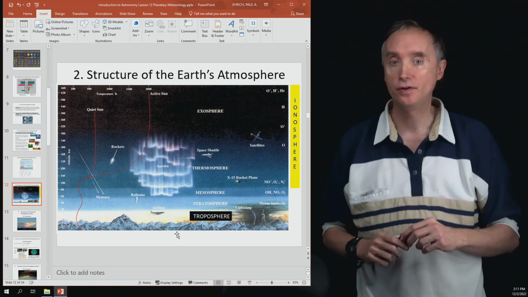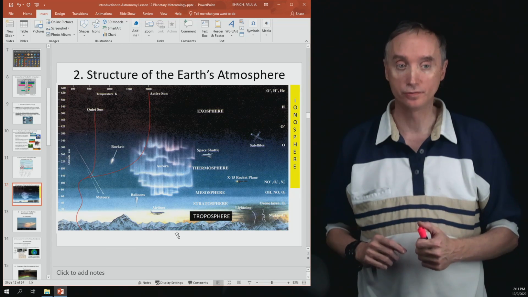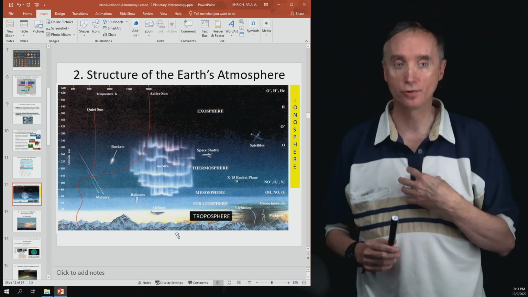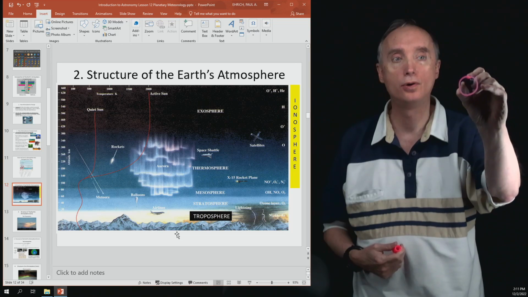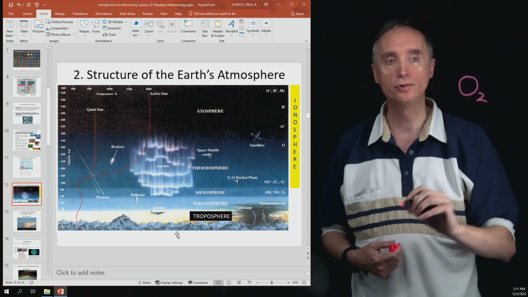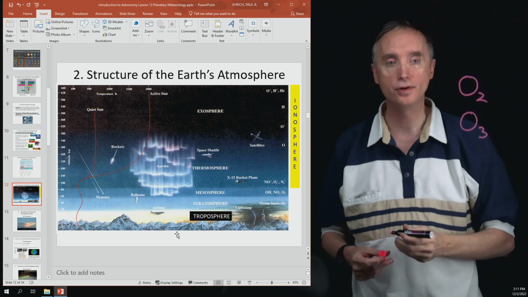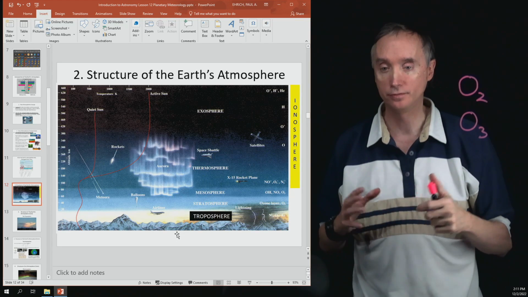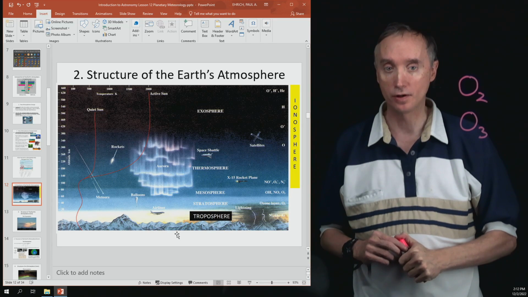And the stratosphere is going to be where you're going to find ozone. So regular oxygen, the stuff that we breathe, is O2. But ozone is going to be O3. So it's three atoms of oxygen that have been put together to make one molecule of ozone.